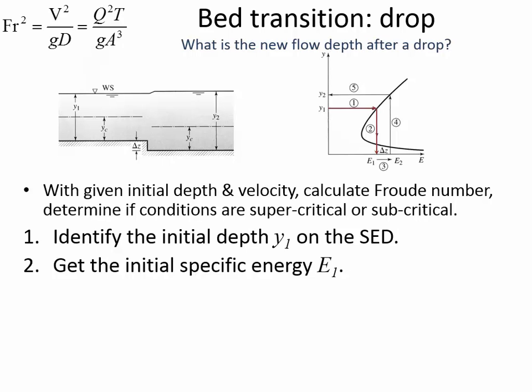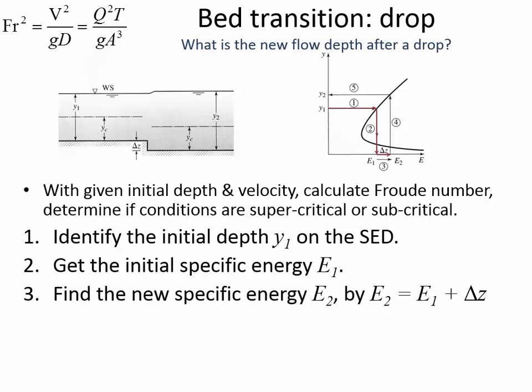Now, from this intercept of the horizontal axis, we're going to go to the right in the amount of delta z. The reason we go to the right is that how much energy is in the water has actually increased because of that step. Think of it this way: the water was elevated some amount, and when it flows over the edge, it's gaining specific energy.